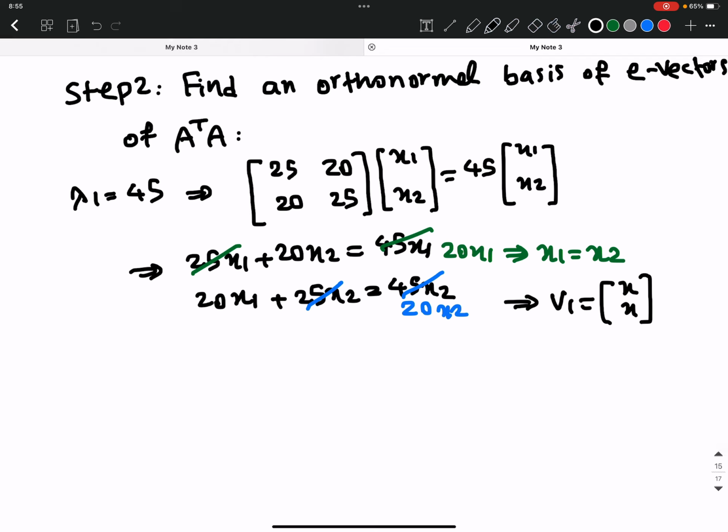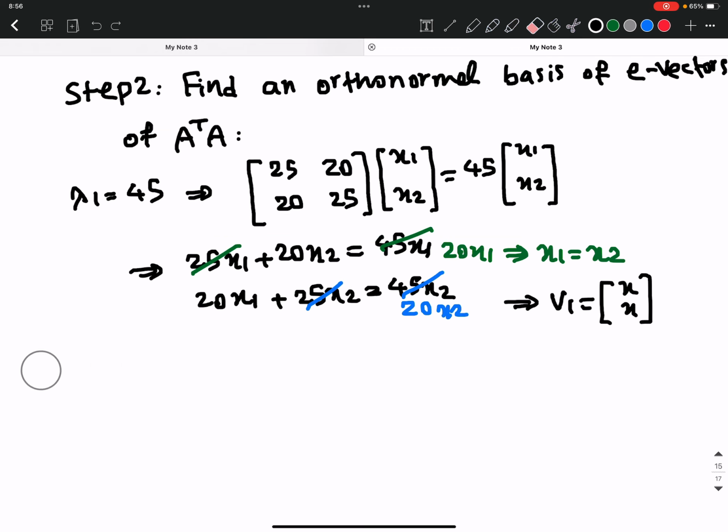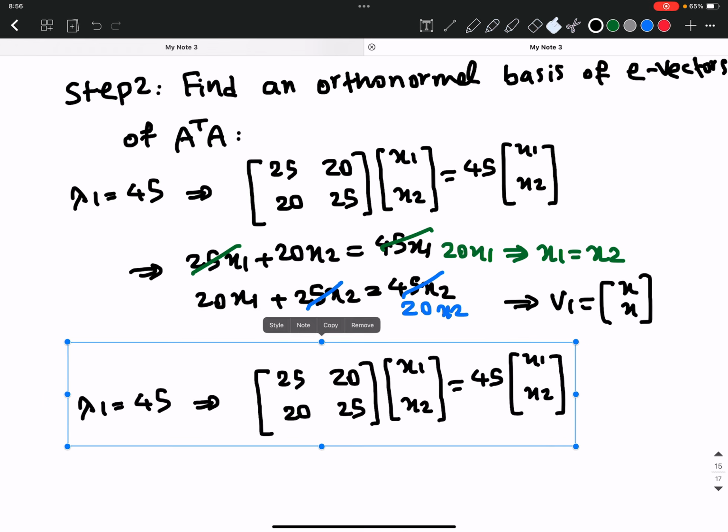So for the second one, lambda 2 is now 5. I will just use the matrix again, I don't need to write it down again.